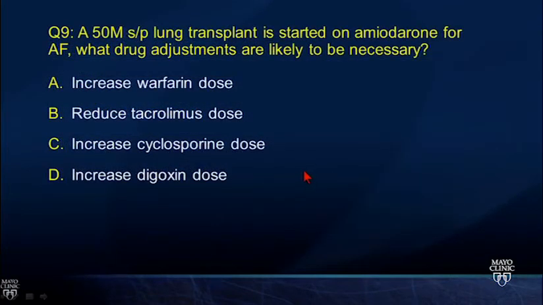Now here is a question, a potential scenario of drug interaction. A 50-year-old male with lung transplant was started on amiodarone for atrial fibrillation. What are the drug adjustments that you need to make in this patient? Increase warfarin, reduce tacrolimus, increase cyclosporin, increase digoxin dose.